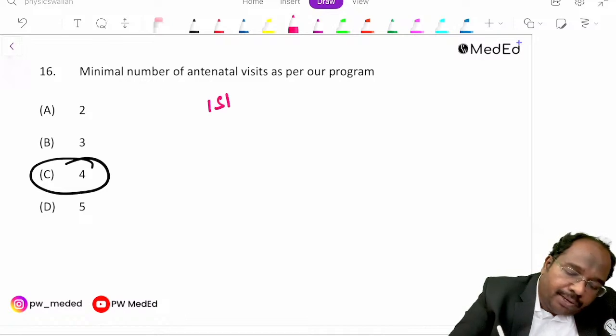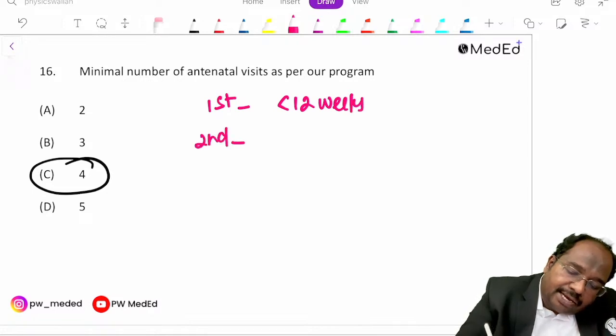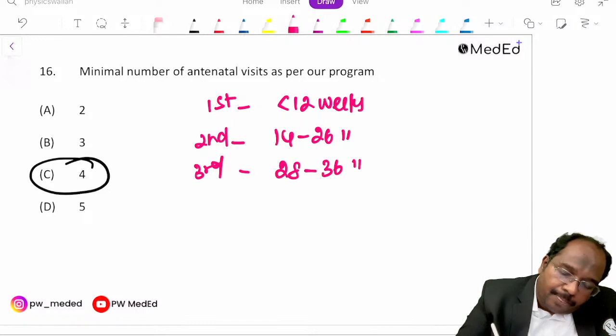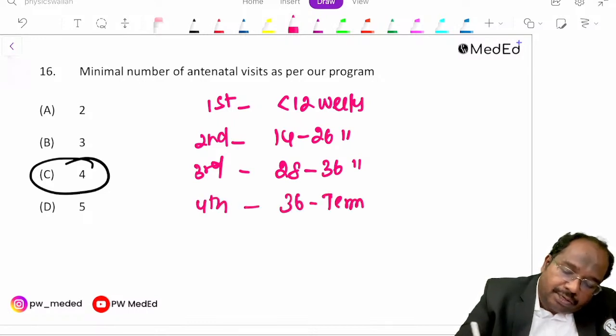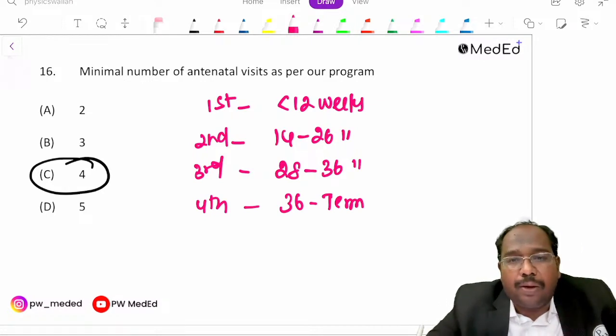The first should be less than 12 weeks. Second between 14 to 26 weeks. Third visit is between 28 to 36 weeks. And fourth is between 36 to term. This is the minimum number. What is the purpose? To identify high risk cases.